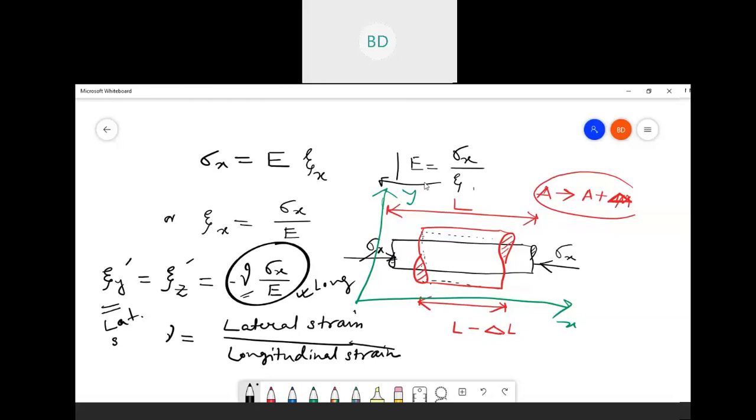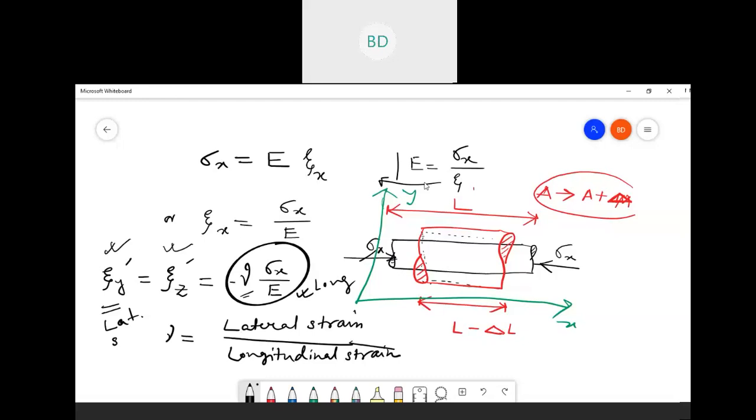Yes, sir. So lateral strain by longitudinal strain. If I consider this figure, then it will be your lateral strain, only sigma x by E, which is equal to epsilon x. It is your longitudinal strain. So lateral strain by longitudinal strain will be your nu.